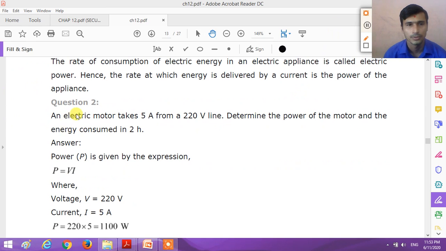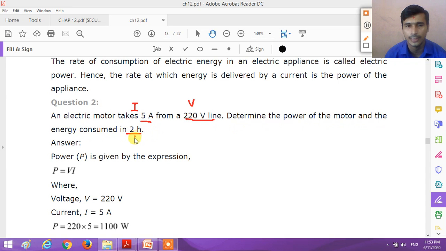Question 2. An electric motor takes 5 ampere, that is the electric current given to you. Right? So take I is equal to 5 ampere from a 220 volt line. Take V is equal to 220 volt. Determine the power of the motor and the energy consumed in 2 hours.